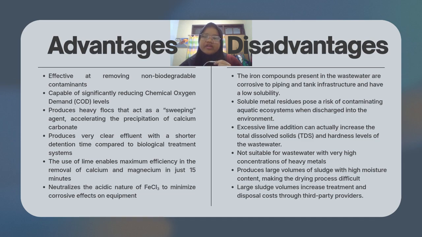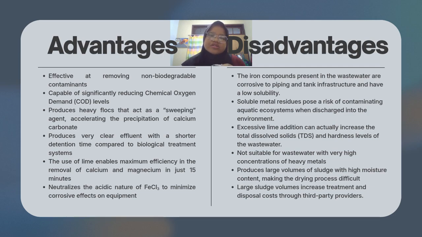These are the advantages and disadvantages of tertiary wastewater treatment. The advantages are, first, it is effective at removing non-biodegradable contaminants, capable of significantly reducing chemical oxygen demand, or COD, levels.